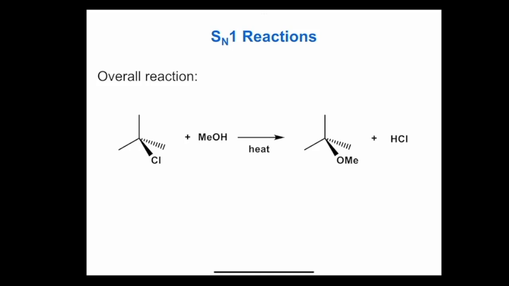SN2 happens in one step, while SN1 happens in 2 steps. An SN1 reaction is a multi-step process with intermediates, which means it is not an elementary step.